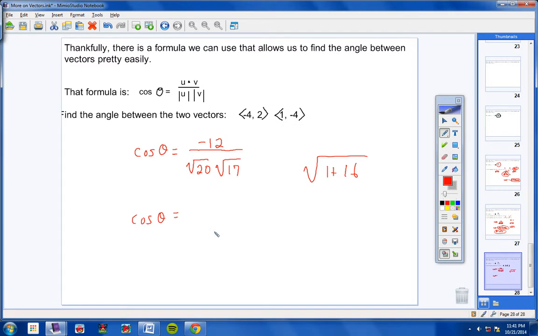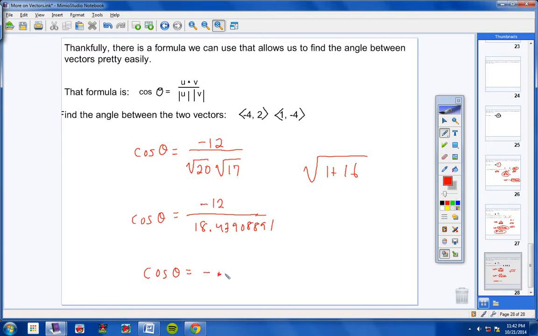Okay, so what I have now is negative 12 over 18.43908891. Okay, now if I type that in my calculator, I will get this right here. And don't forget your negative sign. A negative divided by a positive is a negative point.